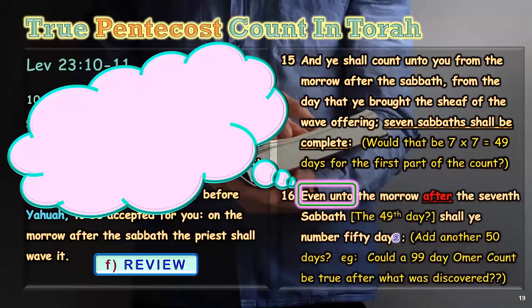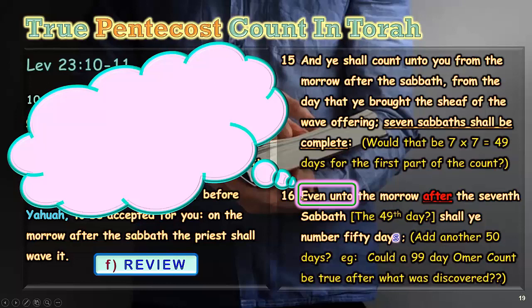"Even unto the morrow after the 7th Sabbath," would that be the 49th day? "Shall ye number 50 days." Add another 50 days? Example, could a 99-day Omer count be true after what was discovered?